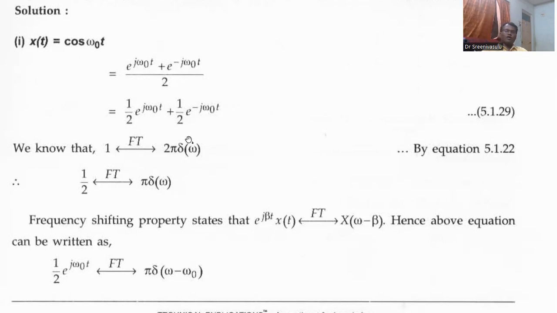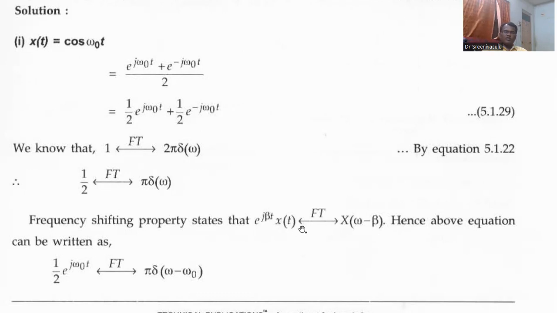So according to the frequency shifting property, half into e power j omega naught t into 1 gives 2 pi into delta of omega minus omega naught, because x of t is a DC signal whose spectrum is 2 pi into delta of omega.